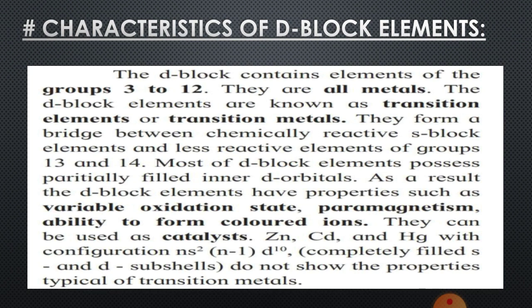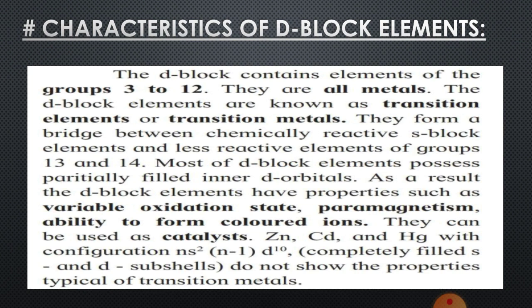Most of the elements possess a partially filled inner d orbital. Due to this, they have variable oxidation state. They are paramagnetic in nature and they form colored compounds. They are also used as catalysts.